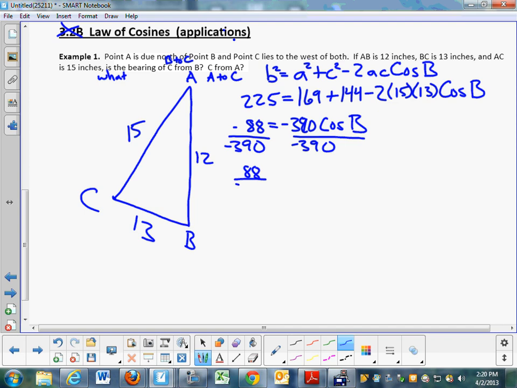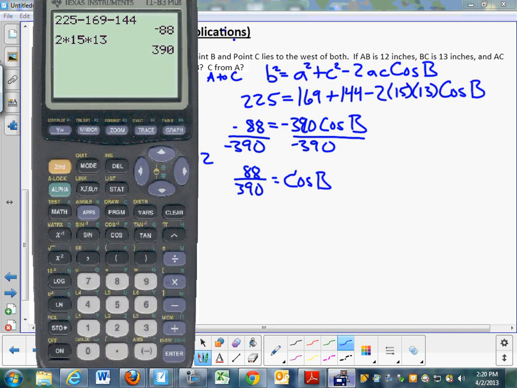So you got 88 over 390 is equal to cosine of B. It's positive, so is B going to be acute or obtuse? Acute, because it's in the first quadrant. Cosine is positive in the first quadrant and negative in the second. If it was negative, it would be obtuse. With cosine inverse, cosine inverse of 88 divided by 390 is 76.96.